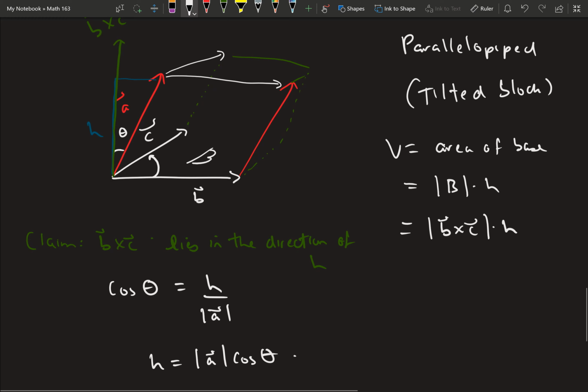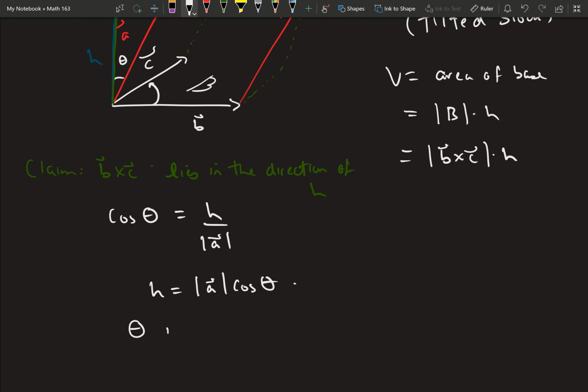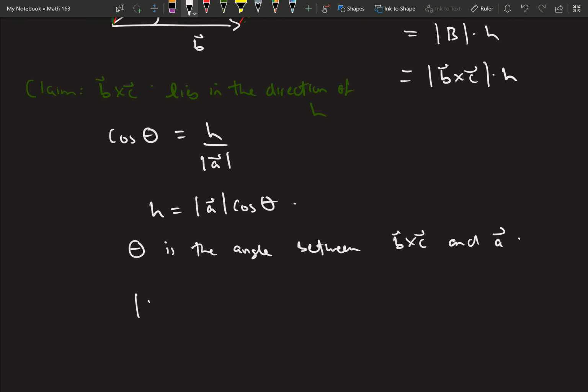And hence, the angle theta is the angle between B cross C and A. If you're given two vectors, this is a vector, this is a vector, if you take their dot product, that equals the length of A and then the length of B cross C cosine of theta.